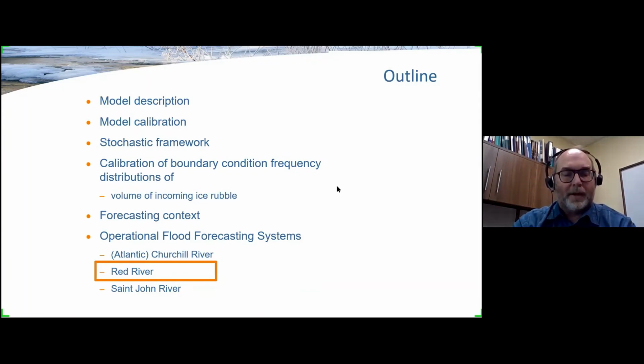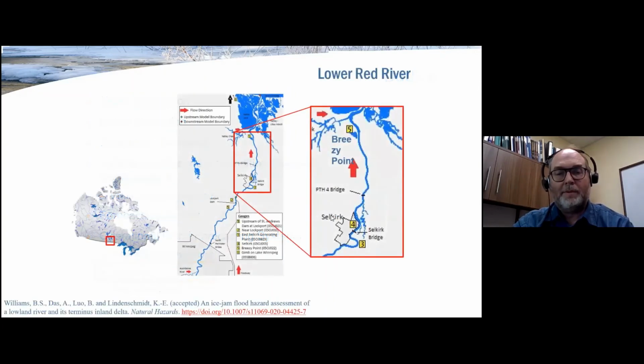We're also working with Manitoba Infrastructure to extend their forecasting capabilities of ice jamming along the Red River, and particularly the lower reach of the Red River. This is Winnipeg here, and we have Selkirk here, particularly the area between Selkirk and Lake Winnipeg is prone to ice jamming.